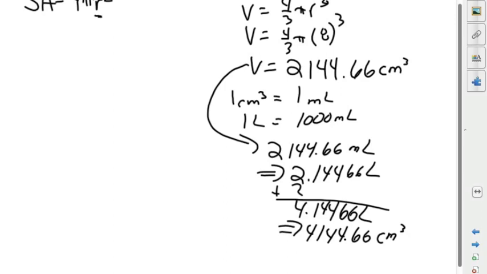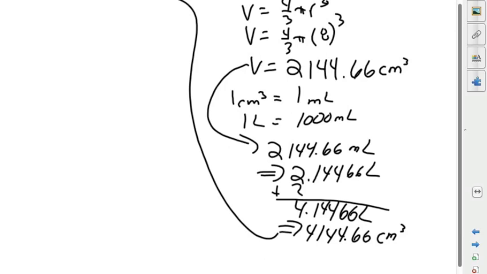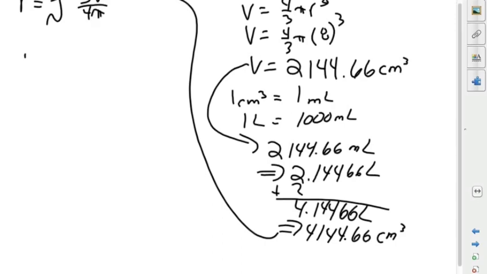So before we get there, I'm going to erase this. We go up here and say, well, R is equal to the cube root of, somebody help me out, I don't remember what I did with the slide. So R is equal to the cube root of 3 times 4144.66 over 4 pi.